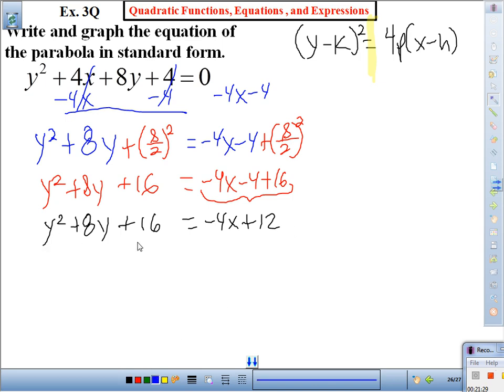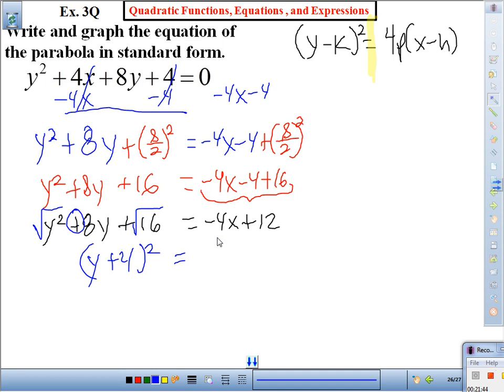How can we make this look like this? Tell your neighbor, please. Yes, square root of the first, square root of the third. Square root of the first is y, square root of the third is 4. Sign of the middle is a plus, right? That's squared. And what is that called? Factor. What can I factor for each term here? 2, yes.